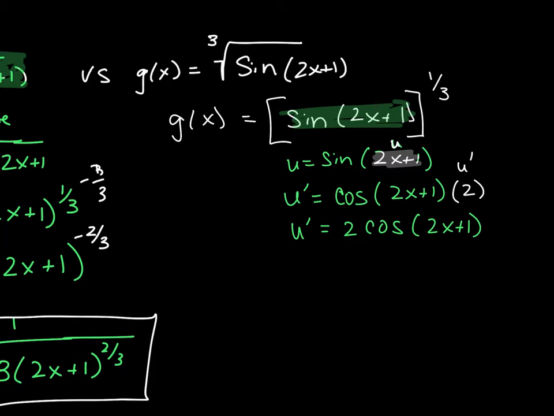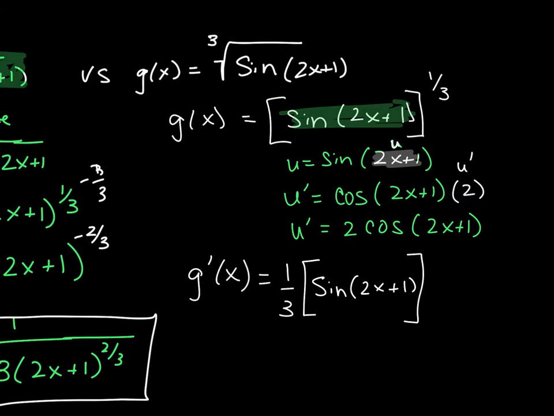So going back to the beginning to find the derivative of g, I take the derivative of the outside, take the 1/3 out front, so that becomes 1/3 times everything. U stays the same. This is the sine of 2x plus 1.